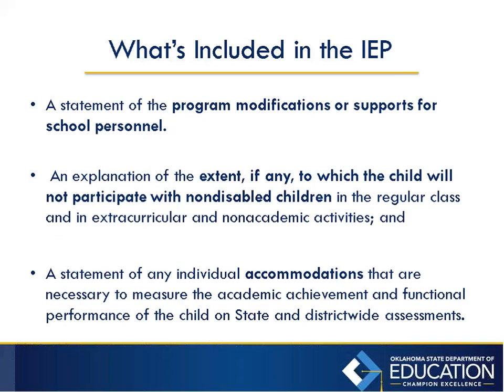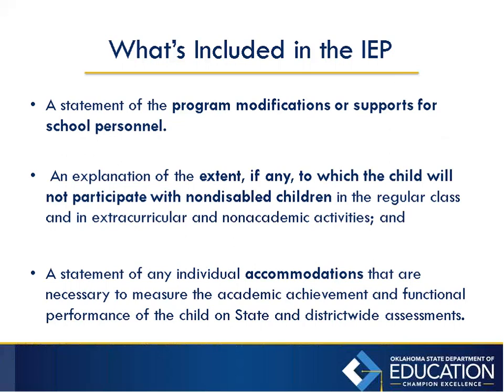When you're thinking about elements to include in an IEP, you are including a statement of program modifications or supports for school personnel. So if that includes the direct needs or services that special education support personnel will assist with, that would be included in that section as a narrative. You can also have a statement of what type of training that individual may need in order to perform that specific task.